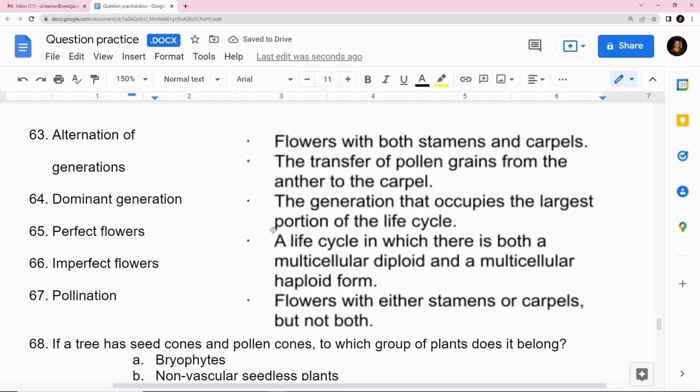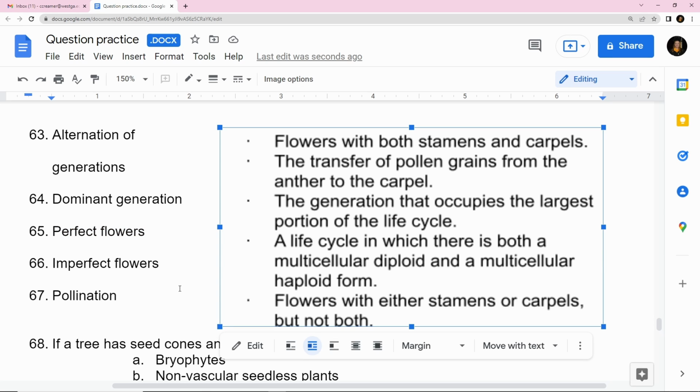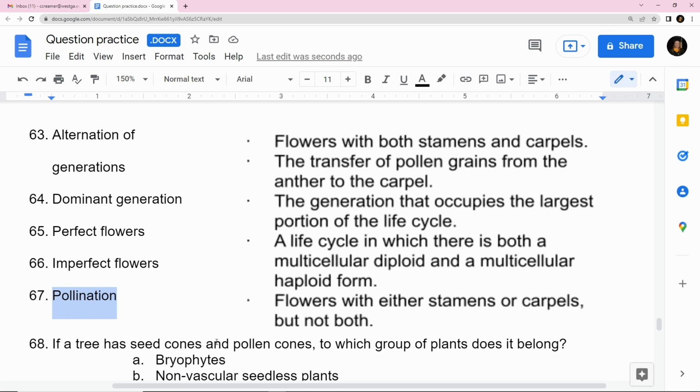Alright, let's try to match the definition to the term. First definition, flowers with both stamens and carpels. Perfect flowers. How about the transfer of pollen grains from the anther to the carpel? That's pollination. The generation that occupies the largest portion of the life cycle.